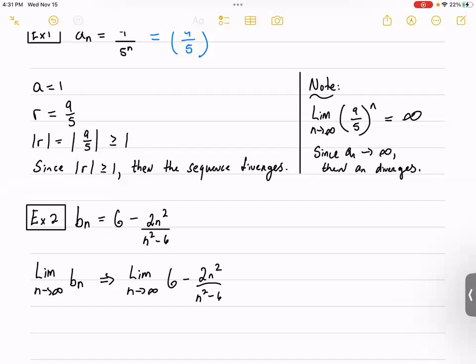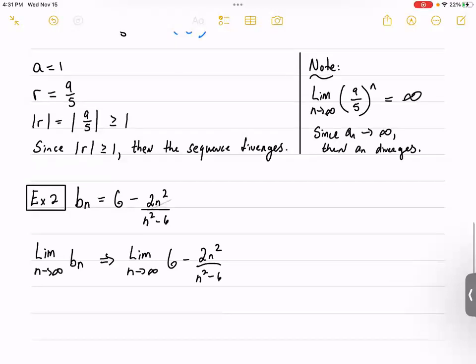You can split this into 2 limits: the limit as n approaches infinity of 6 minus the limit as n approaches infinity of 2n squared over n squared minus 6.